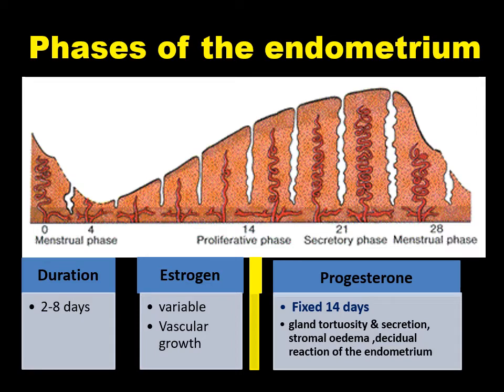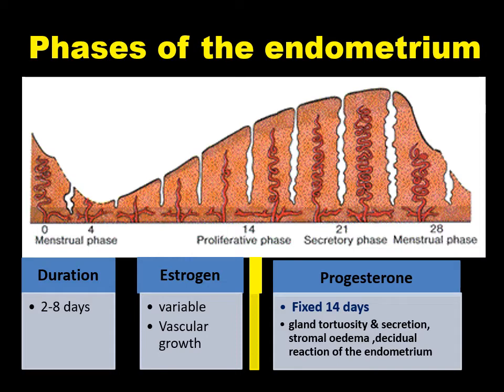And if you note, there is a residual reaction of the endometrium. In clinical practice, you may find residual reaction on a histopathology report whenever you have endometrial sampling for a lady who presented with abnormal uterine bleeding and is receiving progestogens to control her bleeding.